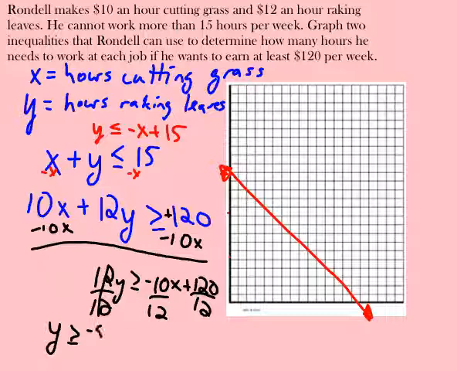They're both even numbers. 5 over 6. Sweet. Plus 10. Okay, negative 5 over 6 x plus 10. So I'm going to go, good thing I counted to 10 there. Down 5 over 6. Down 5 over 6. Right here. Okay. Solid line again. Good thing I can draw straight.